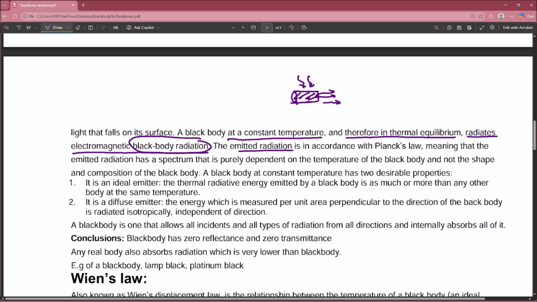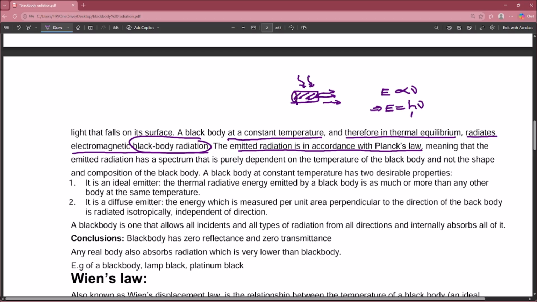The emitted radiation is according to Planck's law, that means E is directly proportional to frequency. That means the energy of this radiation is directly proportional to frequency. According to Planck's law, if we remove the proportionality sign, we have a constant.